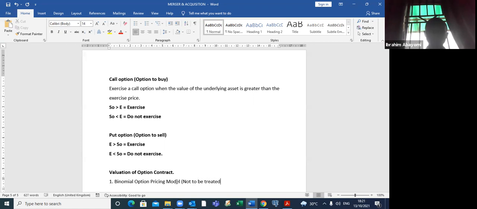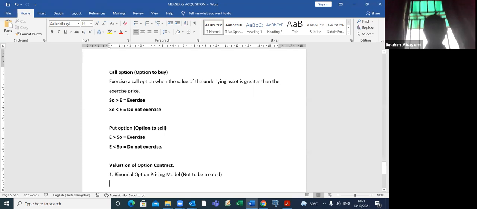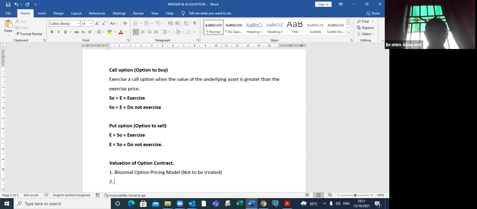Not because I don't want to treat it, but because there will be insufficient time, and it has never been tested by ICAN before. I wouldn't want to waste time on it at the expense of other important topics. Do you understand? It has never been tested by ICAN, at least within a reasonable number of years that I know. In all the Pathfinders that I have, I've never seen binomial option pricing in them.